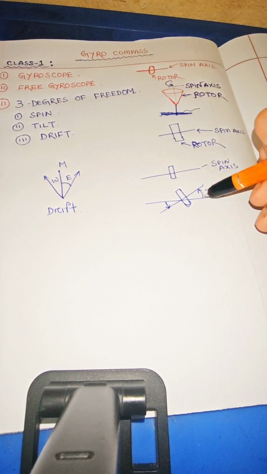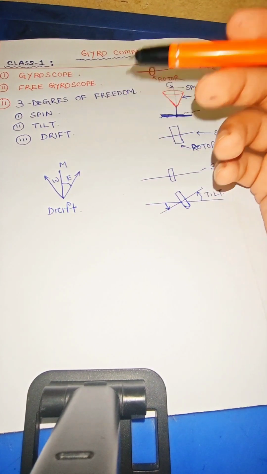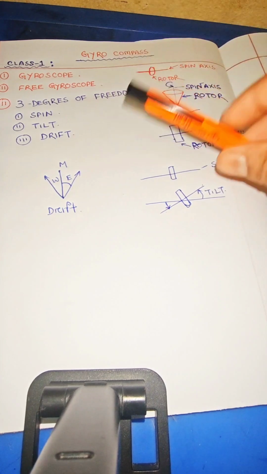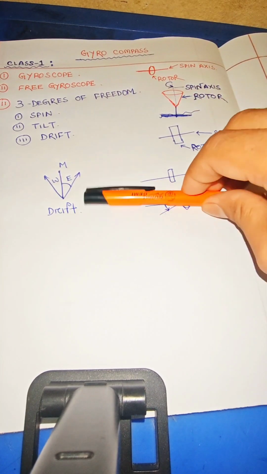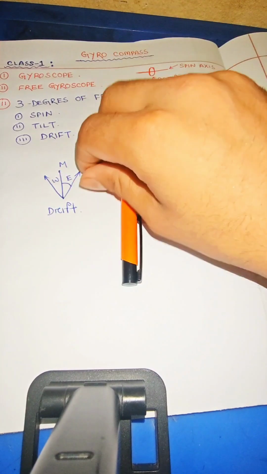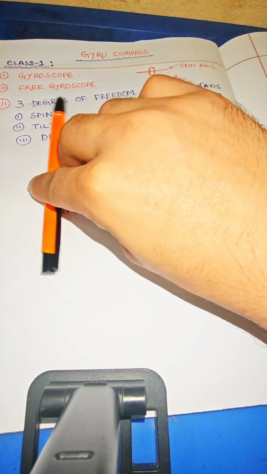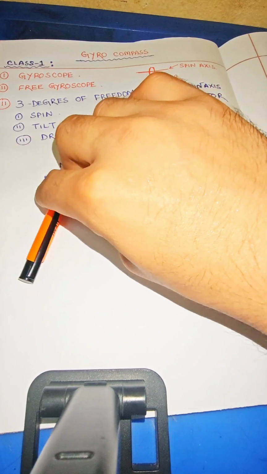And this angle is called the angle of tilt, and this angle is called the angle of drift. Okay, and the rate of up and down movement is called the rate of tilt. Okay, and the rate of this east to west movement from the meridian is called the rate of drift.